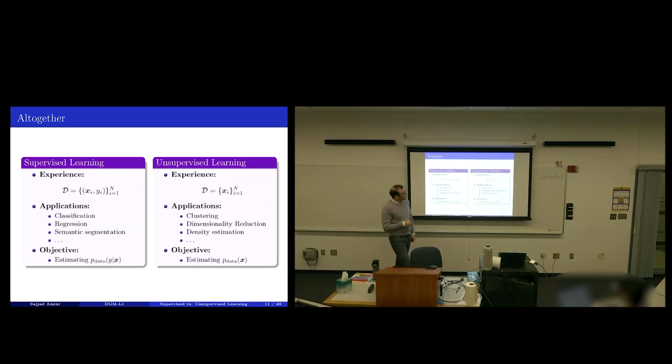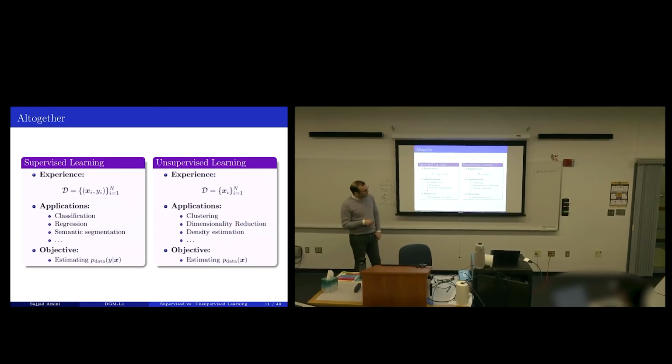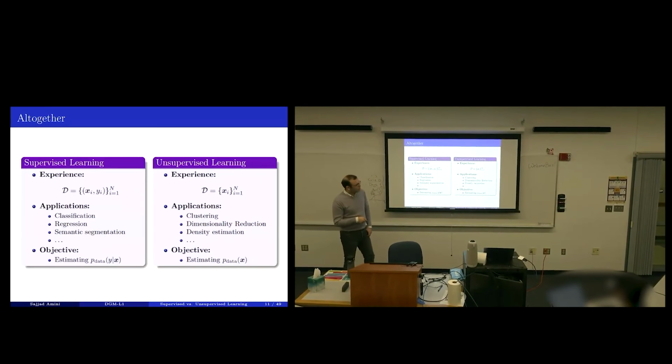We just have the vectors, and your objective is to estimate the data distribution. Maybe you are not familiar with this objective, but you can check that. Having access to the data distribution, you can do almost all of the applications.